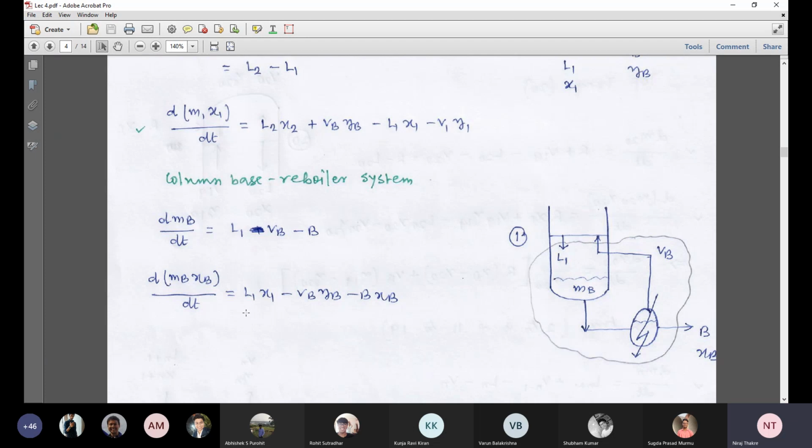Is this clear, students? Or do you have any doubt? The modeling is quite straightforward for this distillation column, especially what we have discussed so far.